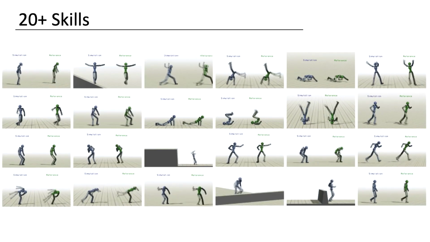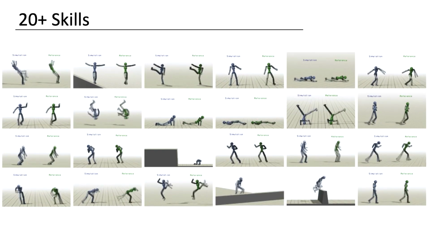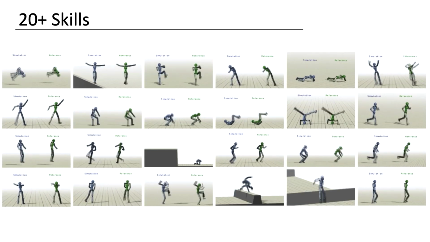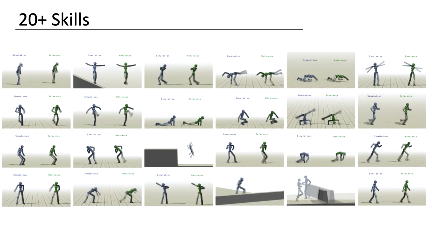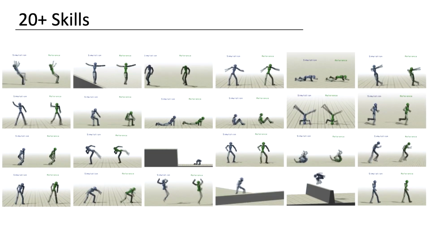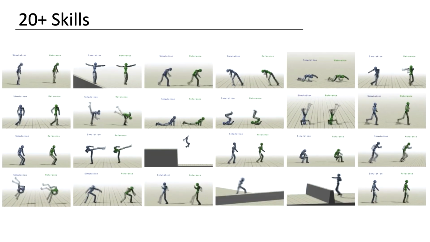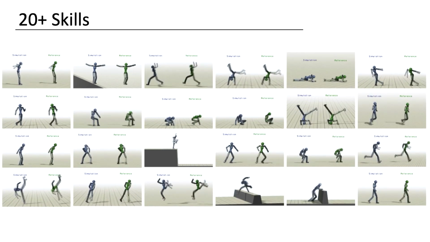And all in all, we've been able to learn a pretty large variety of skills just by providing the policies with different reference motions. So a common learning framework is able to acquire a large variety of skills, ranging from locomotion to acrobatics, from martial arts to dancing. And we are able to do all of this by more or less just minimizing the tracking error.